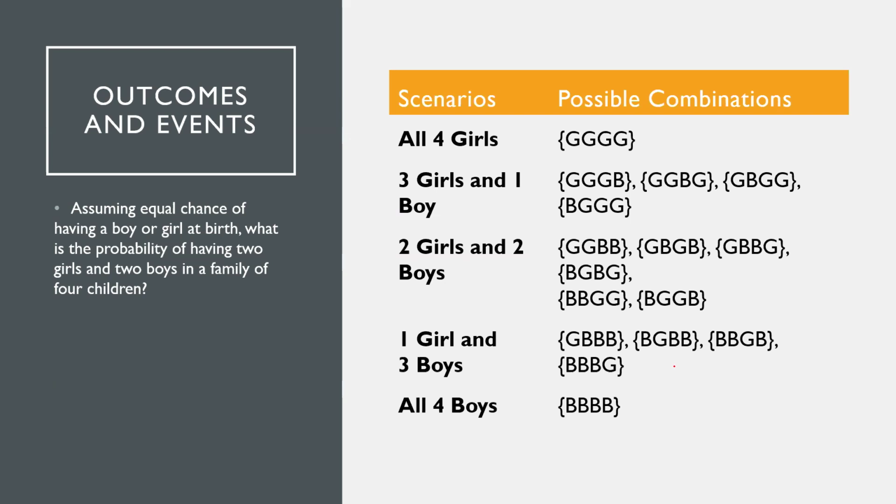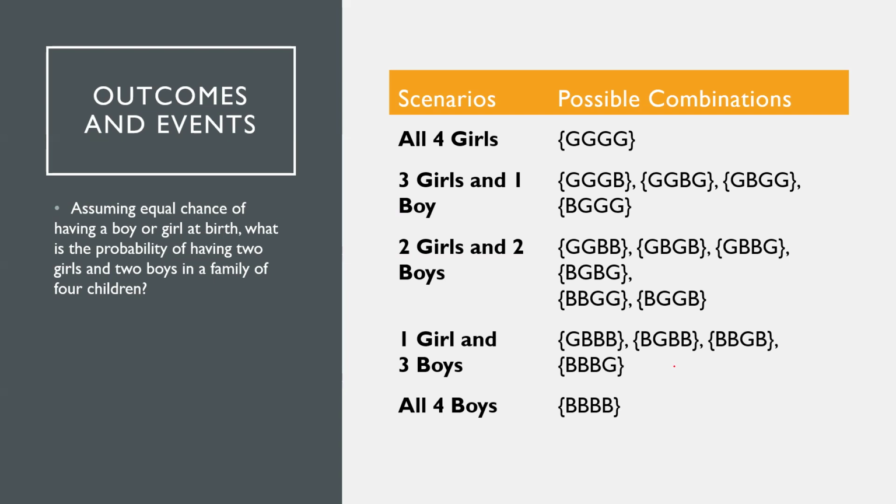I shared in class, it's not really 50%, but it's fairly close. So we're going to go ahead and use that example. We're going to say it's equal. So here's the possible combinations or the sample space. I could have all 4 girls.